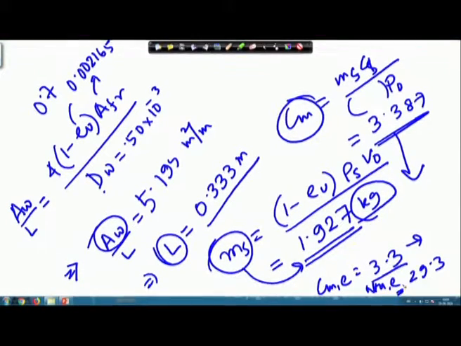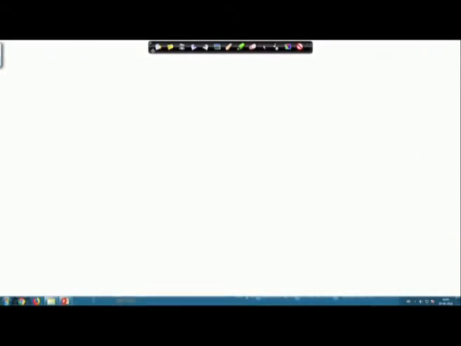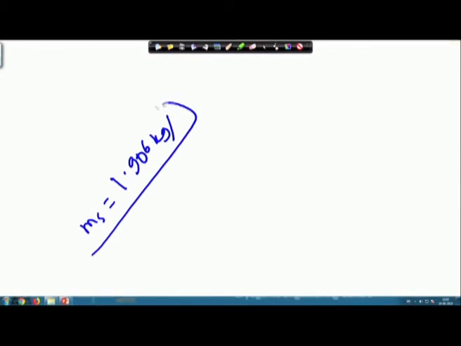Finally, this length will converge to nearly about 0.33 meter or 330 mm. The total mass will come out to be about 1.906 kg of copper screen.